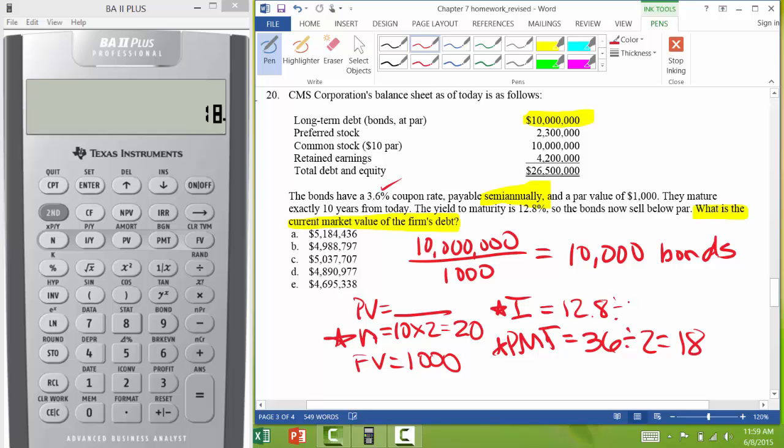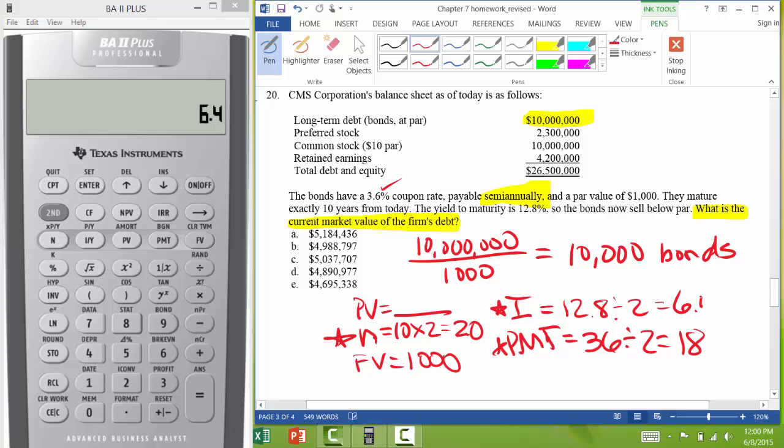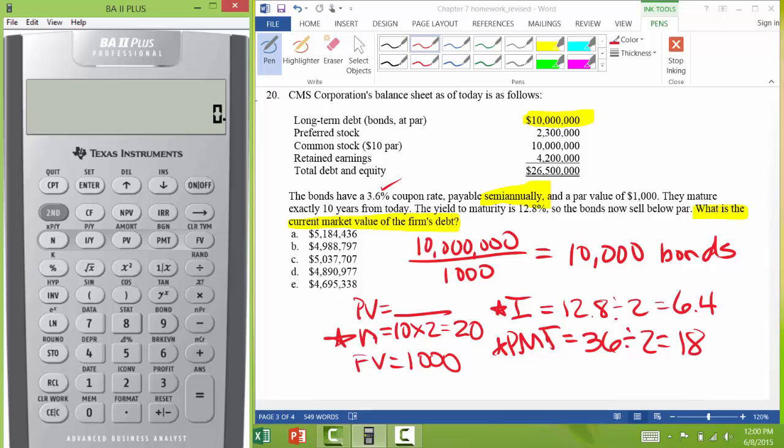So if I divide that by 2, since I need to get the periodic rate, 12.8 divided by 2 is 6.4. And now let's enter this in.